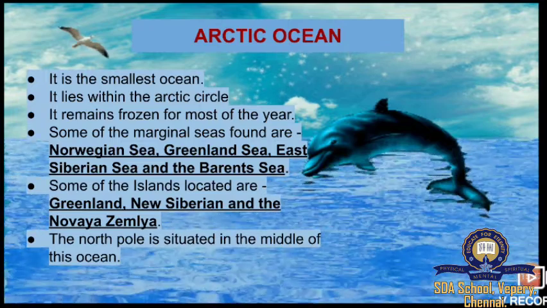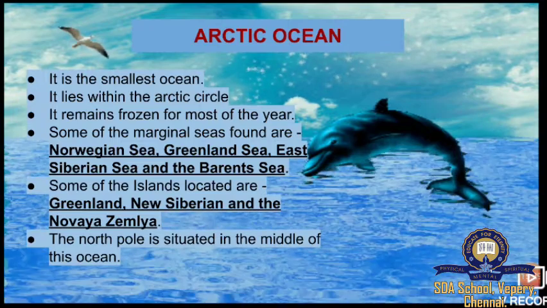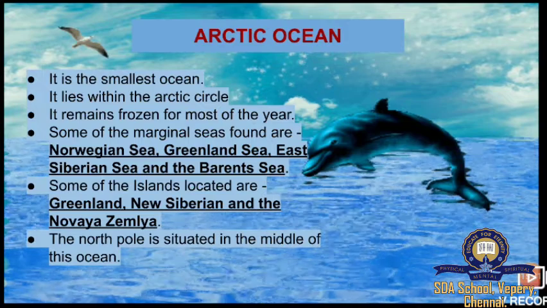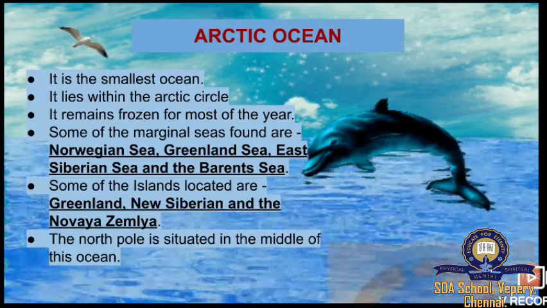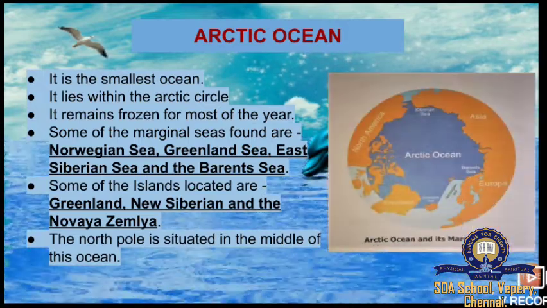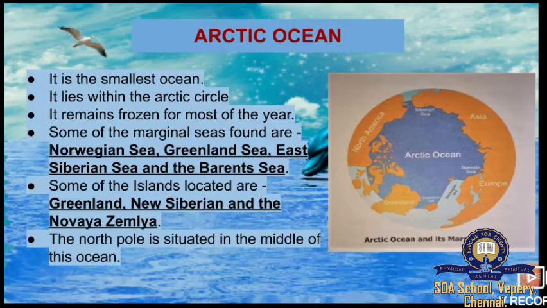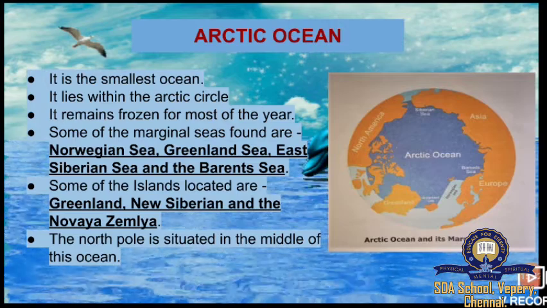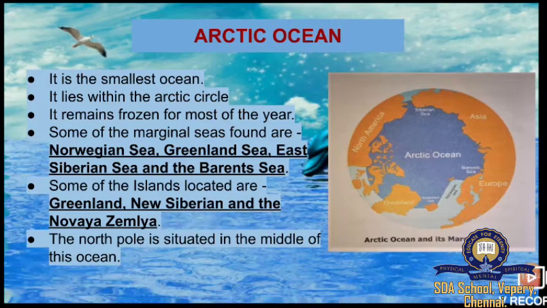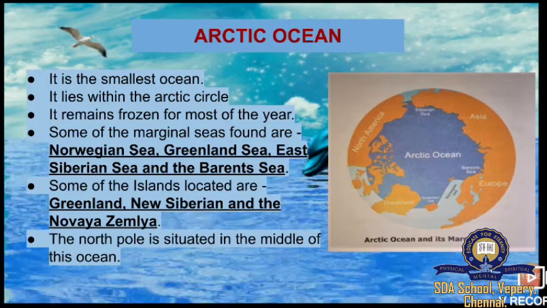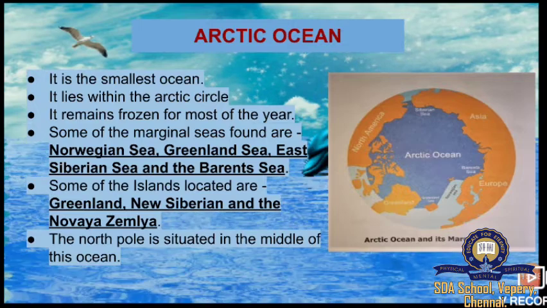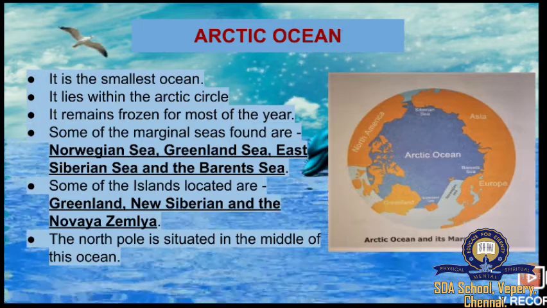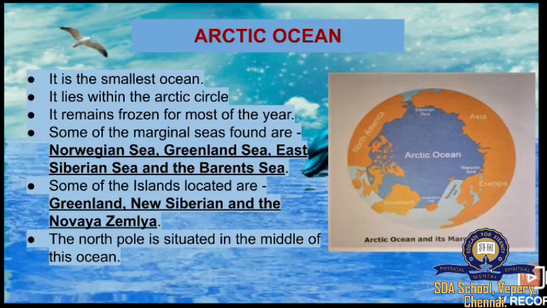So the Arctic Ocean has 4 marginal seas, 3 islands, and it's the smallest ocean. So this is the Arctic Ocean. It's bound by most of the continents. So Arctic Ocean is frozen and it is also the cold ocean.